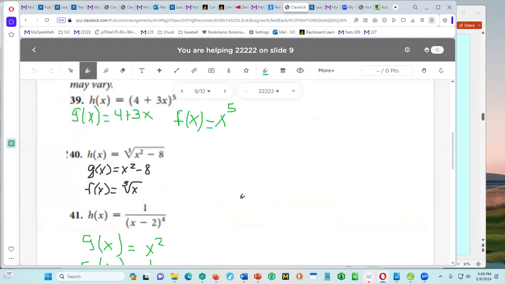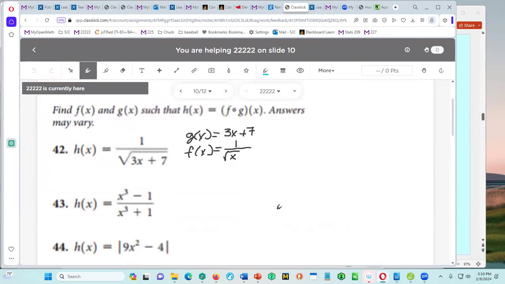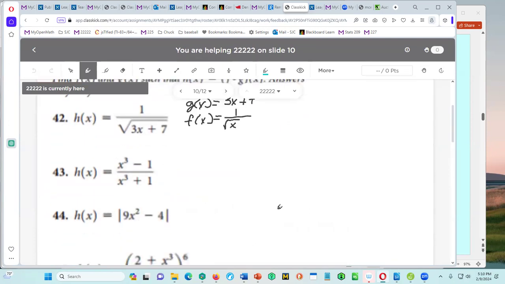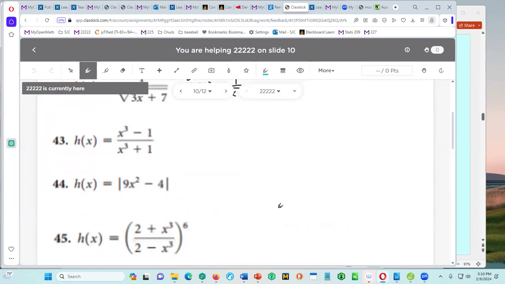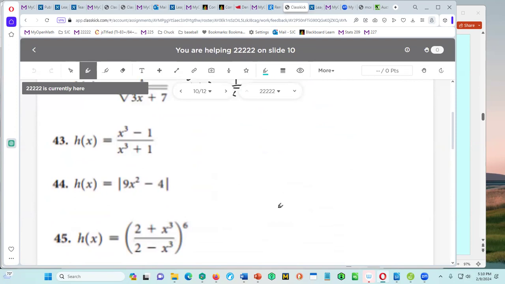Inside function and an outside function. We need to clean up number 41. And then we've got the nasty problem, number 43.